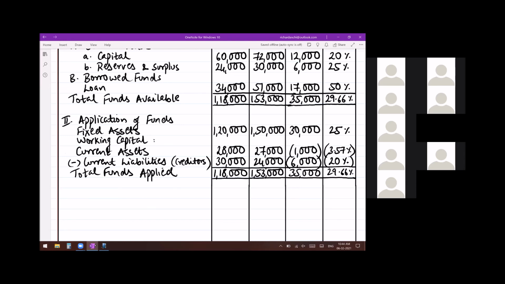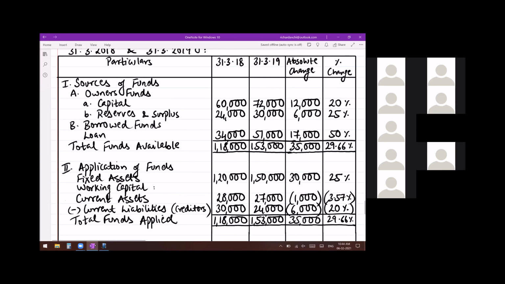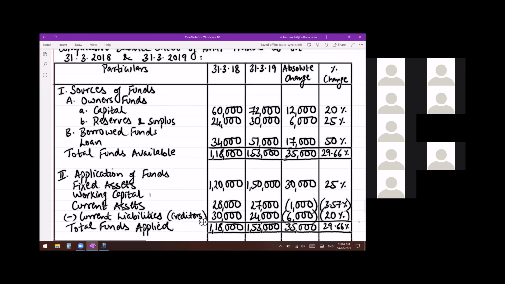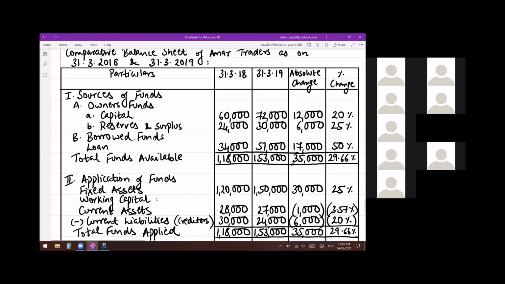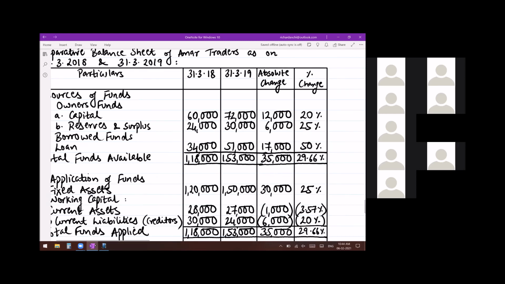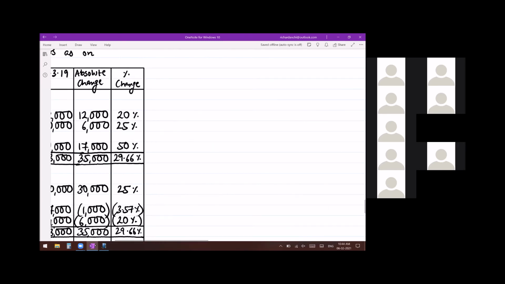What you have done is prepared comparative balance sheet, and you come to know what has happened in the year. Current year versus the previous year, what change occurred, that you have written in the third column. But if you want the answer in percentage, for that you have prepared one extra column. Remember, you have used the formula current year minus previous year. This gives you the change. But if you want in terms of percentage, divide by previous year into 100.